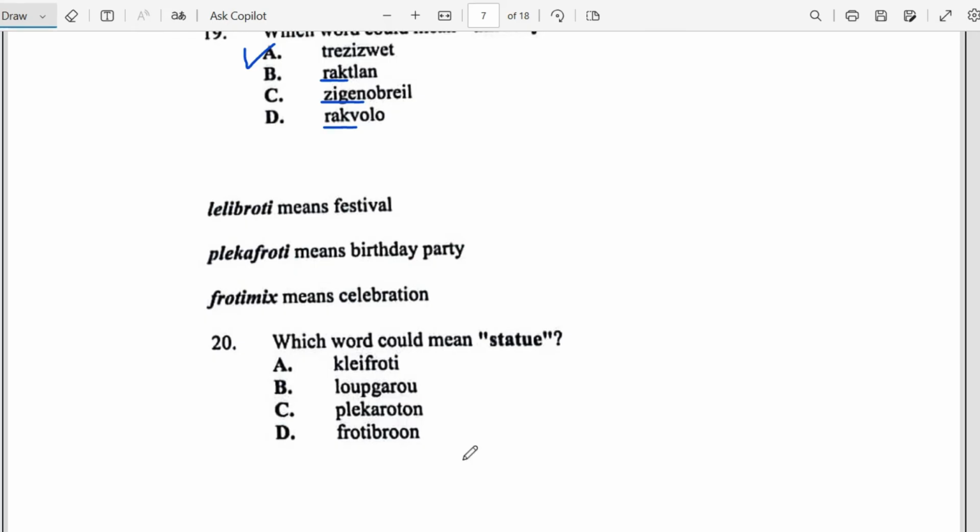So what would mean statue? And again, if you look at the types of words and what they represent, it is around something with party and celebration. So we can assume that this D here, Brune, also has something to do with party and celebration. C and also A have something to do with celebration. The one that stands out that has none of the similar words in the artificial language is B, so we can assume that B means statue.